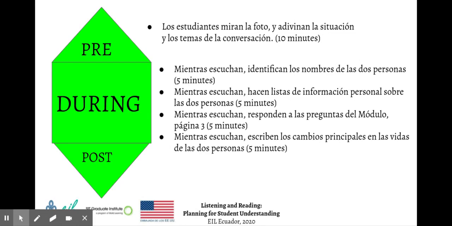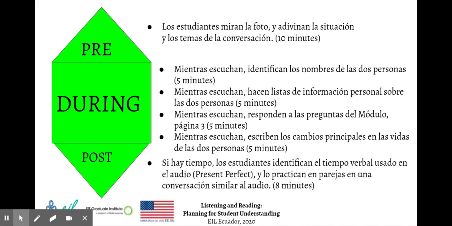That's really my objective. And then finally, in the post activity, if there's time, the students will identify the verb tense used in the audio, which is the present perfect, and then they will have a similar conversation about meeting an old friend in pairs.